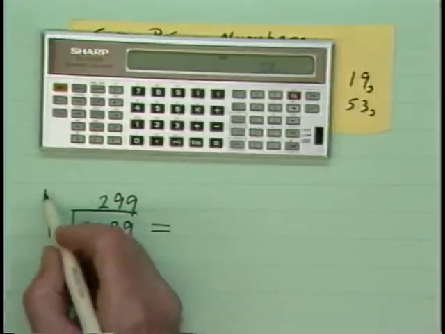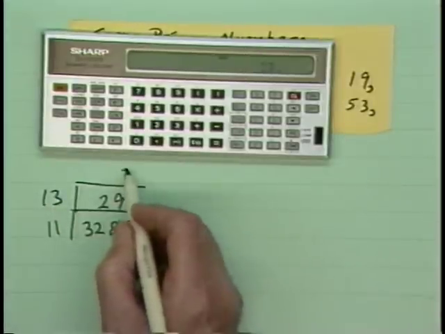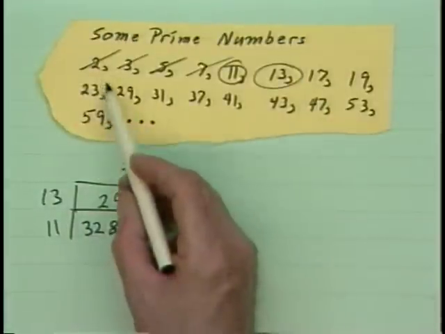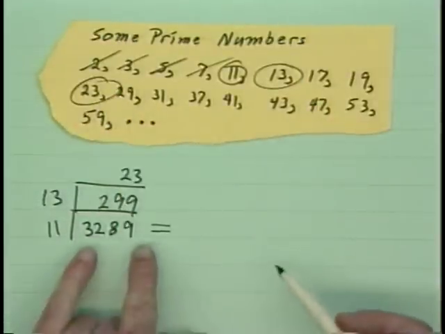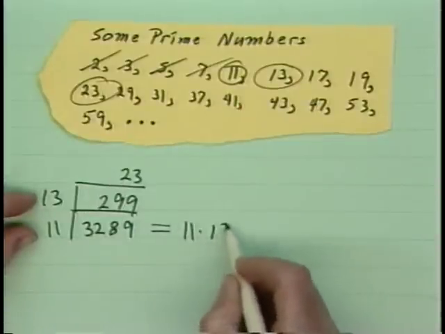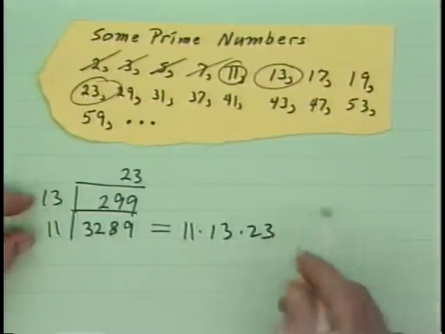And it went in evenly. And by now we've used this so much that we know it's one of our prime numbers. So 3289 prime factors to 11 times 13 times 23.